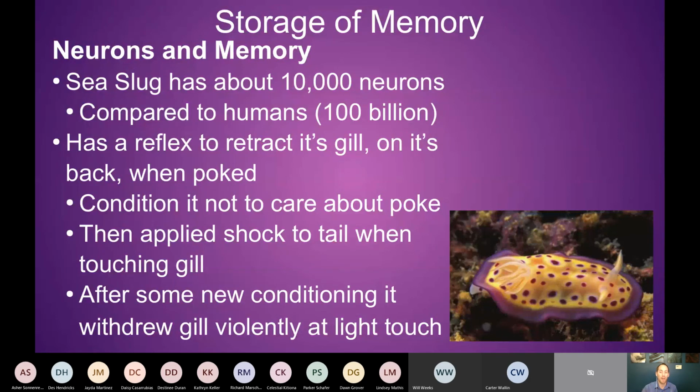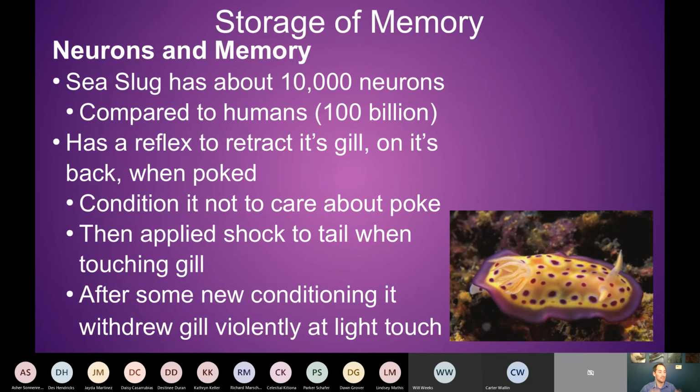So this taught us a lot about how we, as other animals, make memories. And it's in a similar way. Basically, the connections between these neurons get strengthened. The pathways for the signals become faster. It's easier to activate, to trigger that next neuron in that network as you create memories.